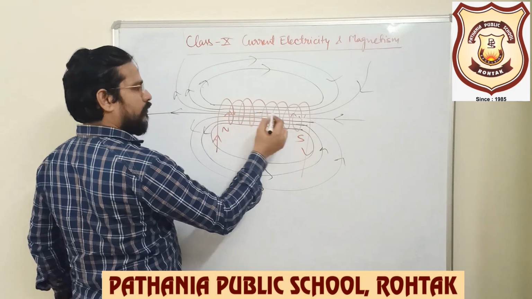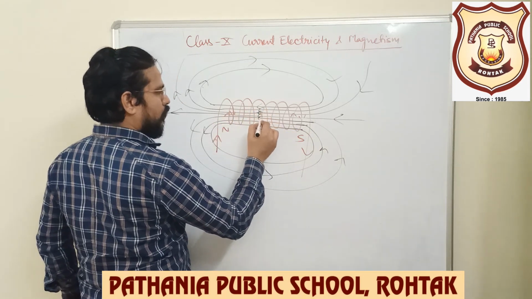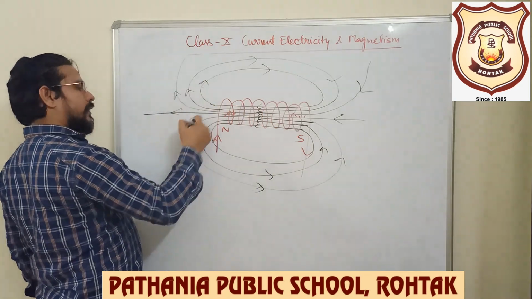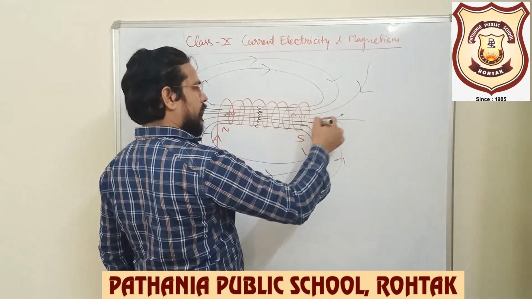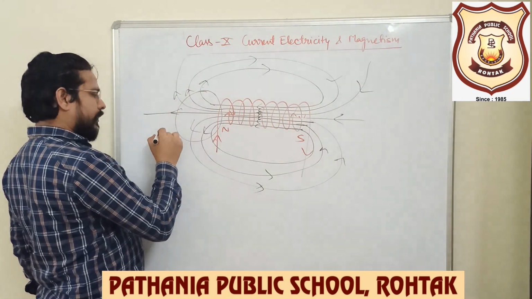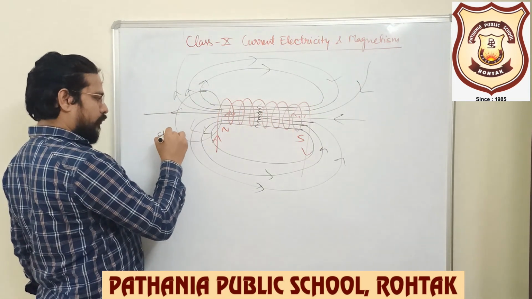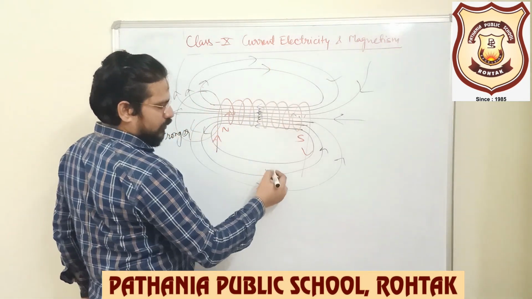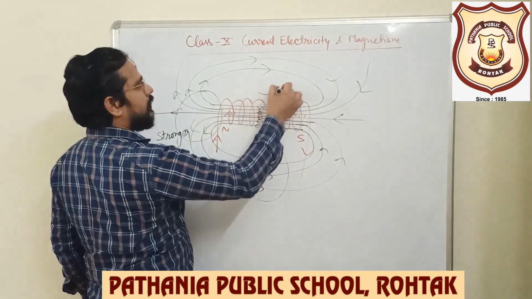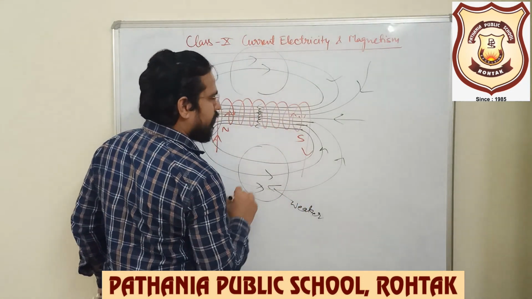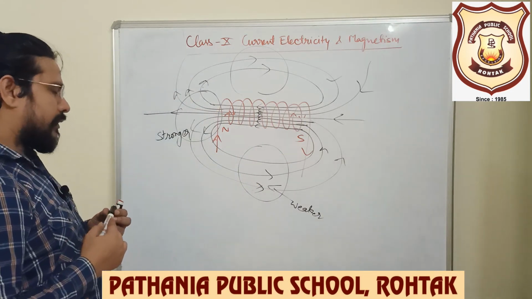In the interior of the solenoid, field travels from south to north, but in the exterior of the solenoid, this is north pole, the field is coming out, and this is south pole where field is coming in. So near the poles you can see the crowding of magnetic field lines, which indicates stronger field, and where the lines are not that crowded, like near the middle section of the coil, we have weaker magnetic field. The bar magnet has a similar magnetic field.